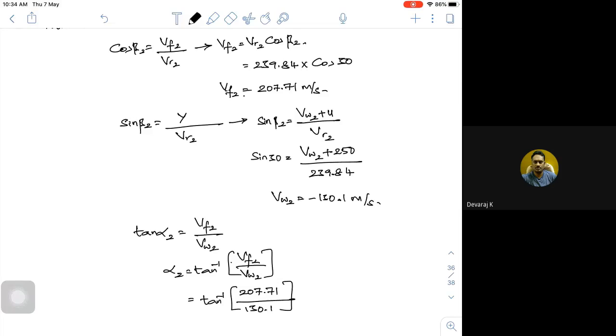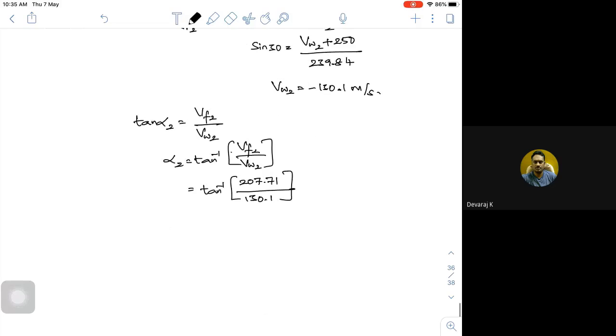So this is 57.93 degrees. That is the angle alpha 2.